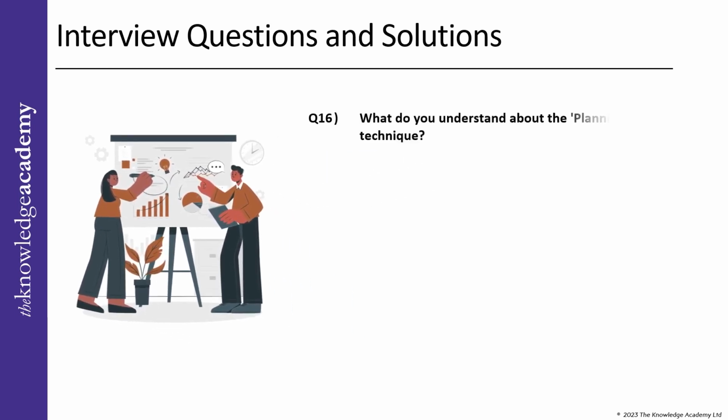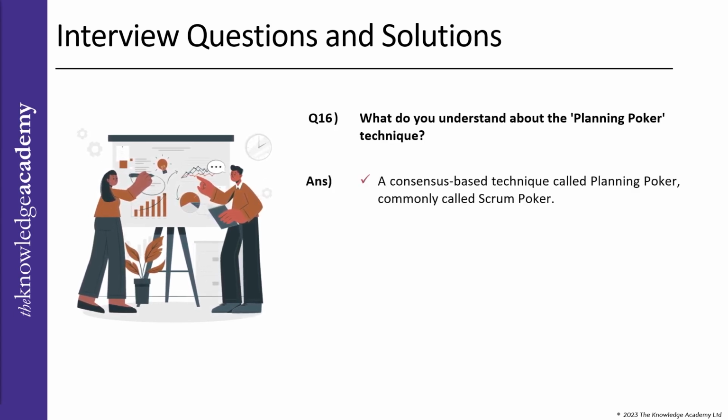Question 16. What do you understand about the planning poker technique? Answer. A consensus-based technique called planning poker, commonly called Scrum poker, aids an Agile team in estimating the time and effort needed to finish each initiative on their product backlog while identifying problems early on and throughout the development of a user story.